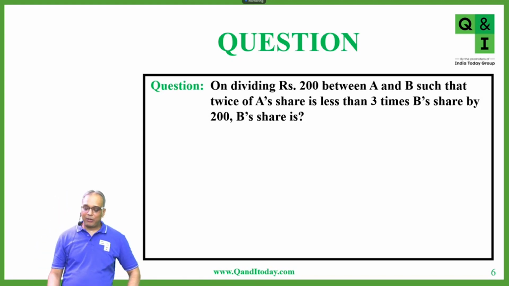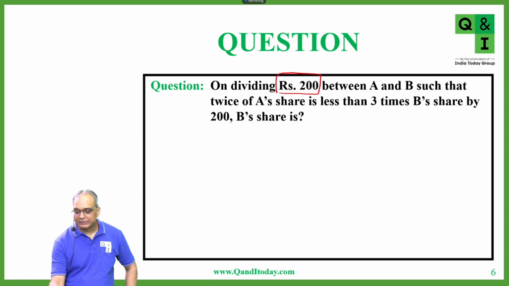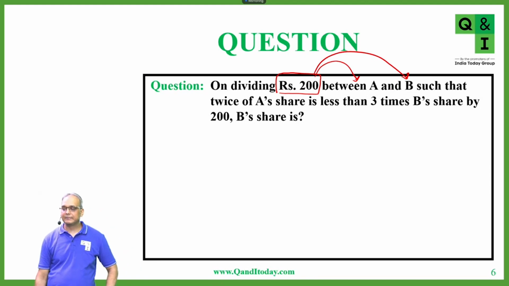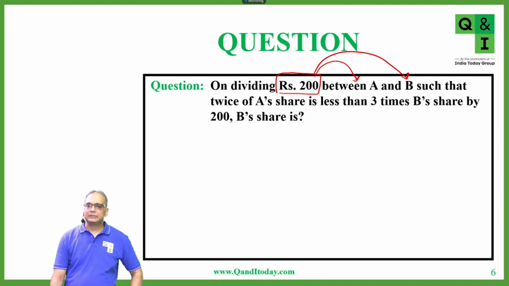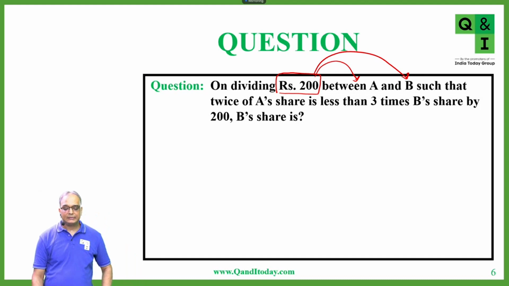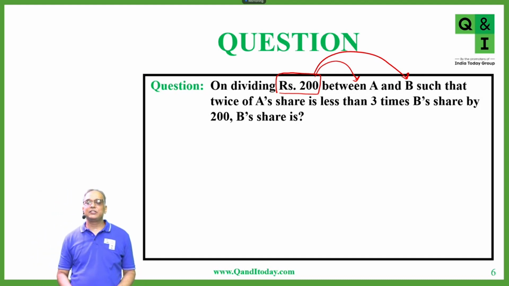So the total amount of money is rupees 200, which is divided between A and B. Please quickly attempt it. This question is not very difficult.